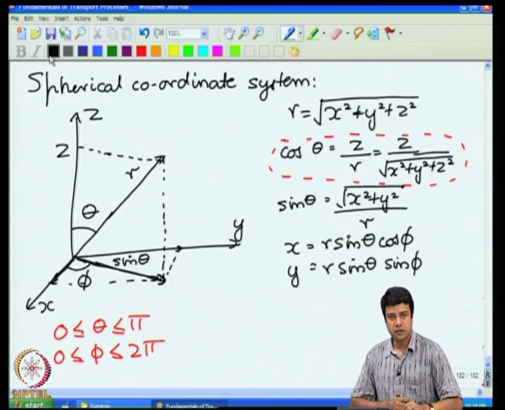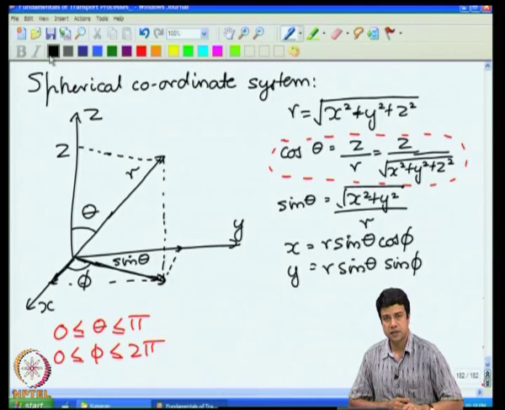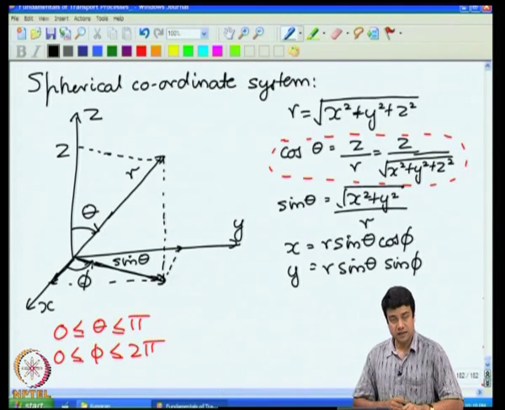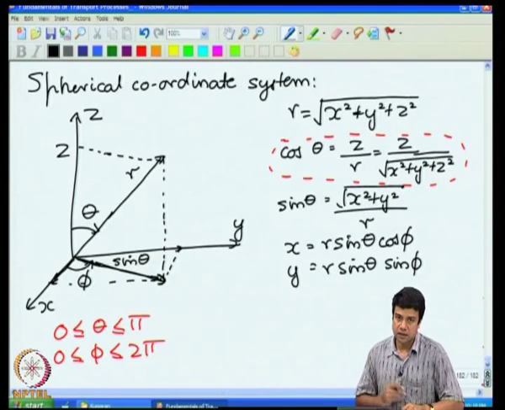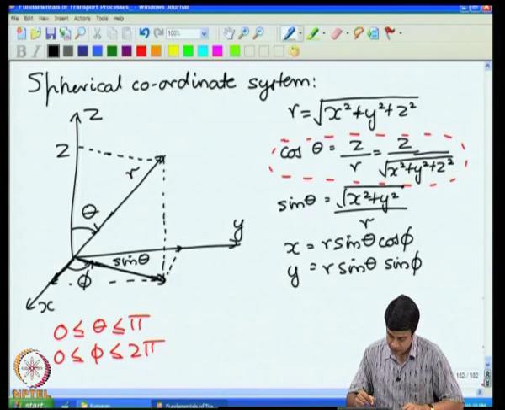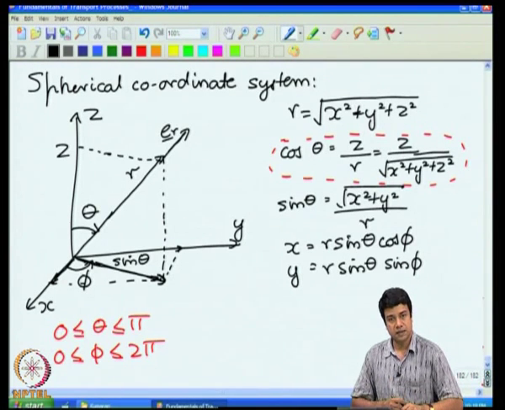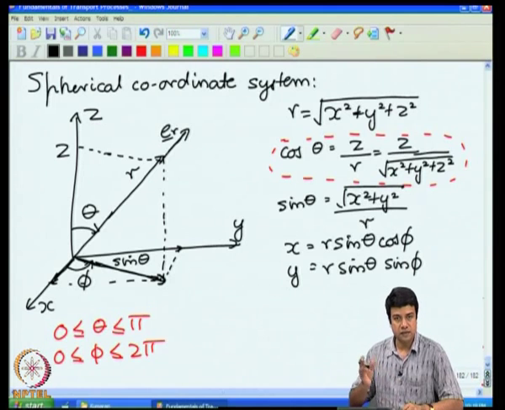An important point to note about the spherical coordinate system. The unit vectors are in the direction of increasing angle. So, the angle theta increases in this direction, phi increases in that direction, r increases radially outward. That means the unit vector E r is in this direction, in the direction of increasing r.